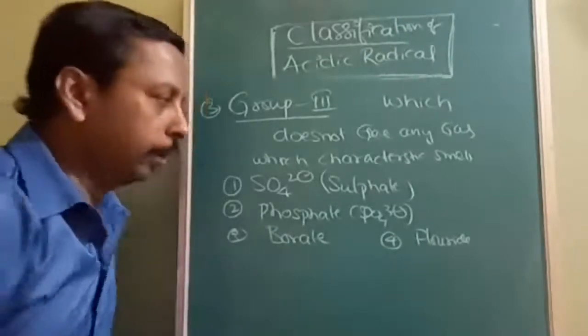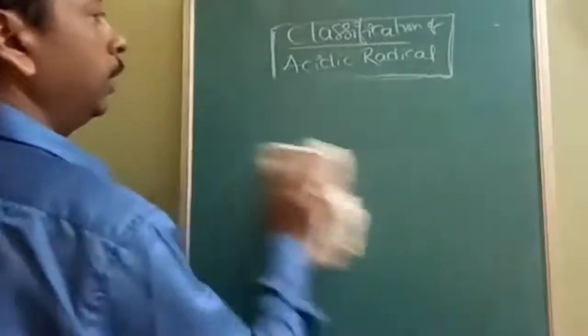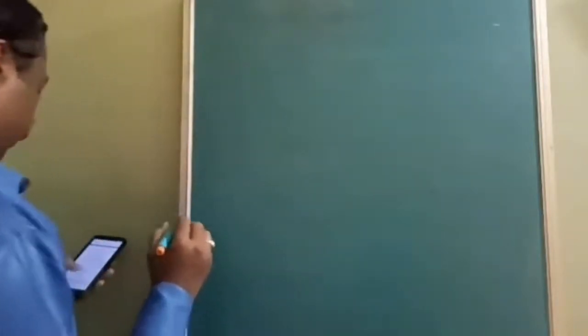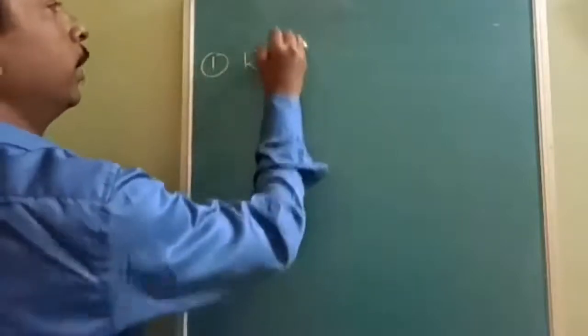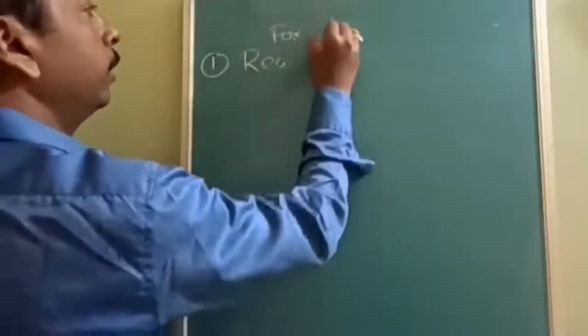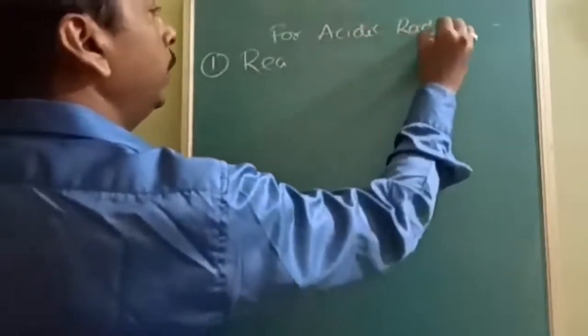So after this we have classified both the cations and anions, that is basic radicals and acidic radicals. Now let's start one by one with the acidic radicals first. How many tests will we do?